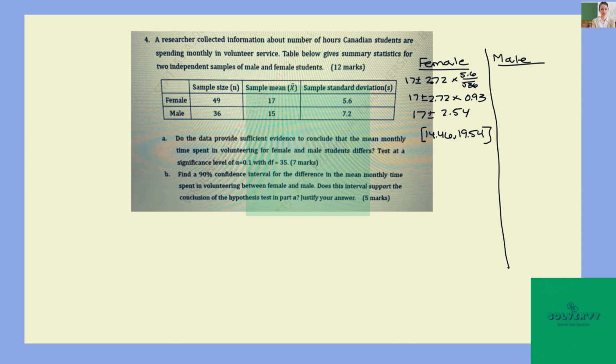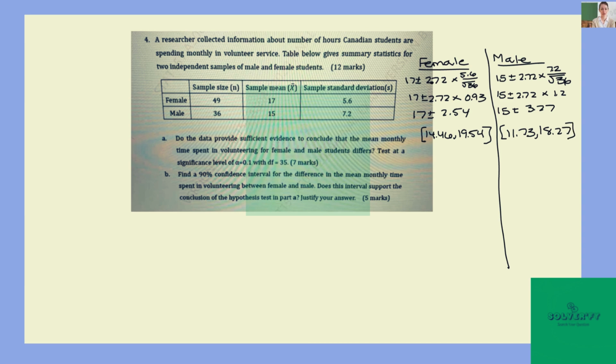So if I do 15 plus or minus the 2.72 times the 7.2 divided by the square root of 36, so 15 plus or minus 2.72 times 1.2, and then 15 plus or minus 3.27, then the confidence interval is going to be 11.73, comma 18.27.